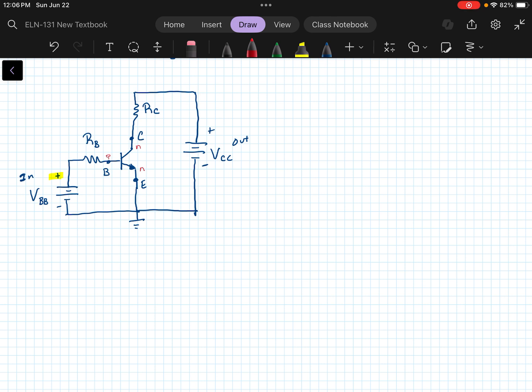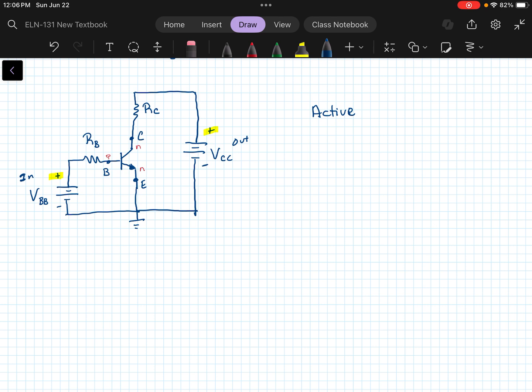The base-to-emitter side is forward biased, where the collector side has the positive going into the N-type material, so it's reverse biased. Let's see what happens with this. So I have it working in what should be the active region, or linear region.